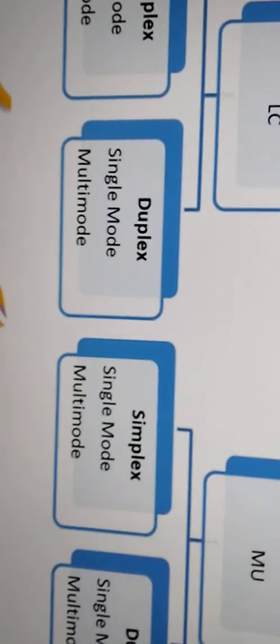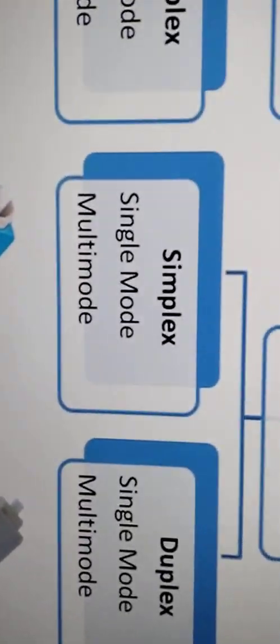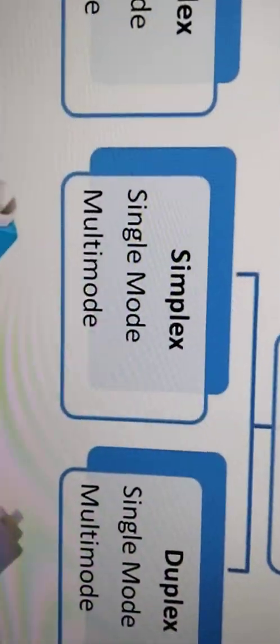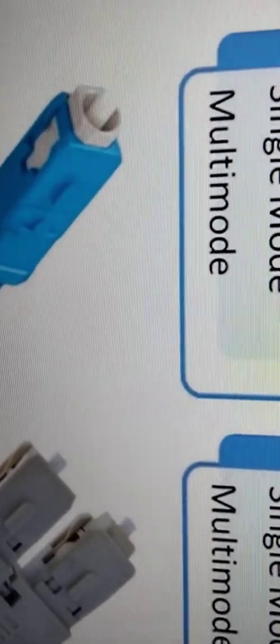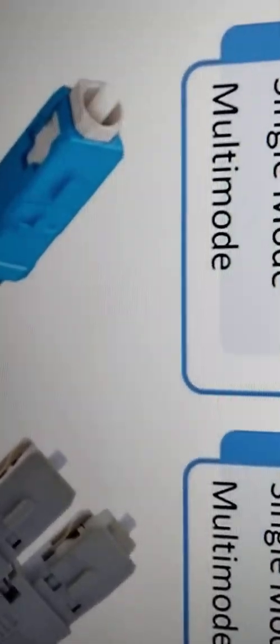And there's the SC, also known as the square connector, SC, square connector, where you just push this one in directly and it snaps. To get it out, it's just spring loaded. You can just snap it in and snap it out.